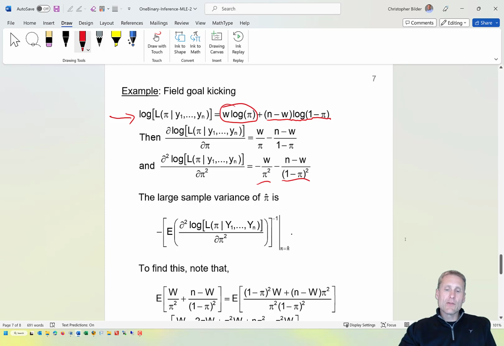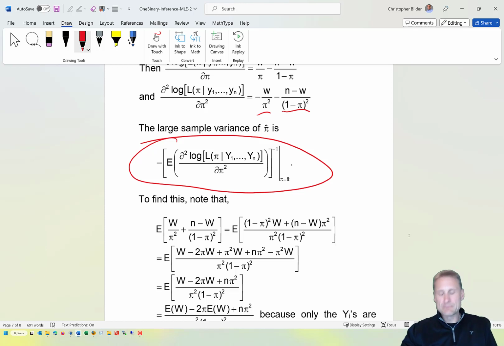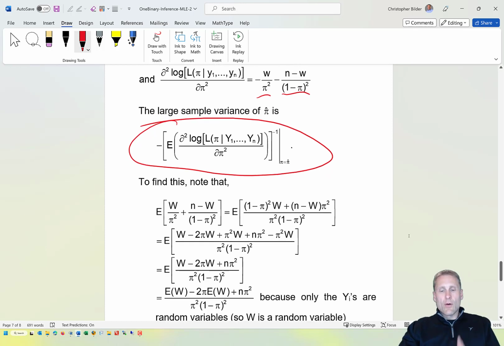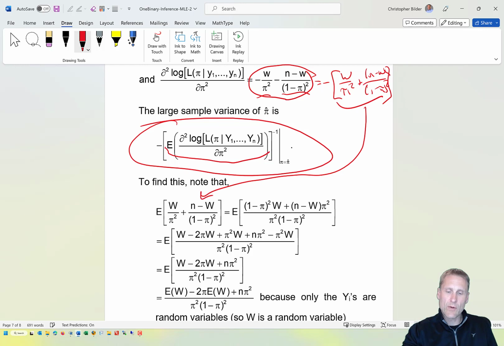Okay. So to find then this estimated variance here, let's look at, first of all, this expected value portion that's right inside of there. So I take my result, and actually I'm going to factor out that negative sign, just so that we don't make a mistake. And I'm going to take that and actually put it right in there. Okay.